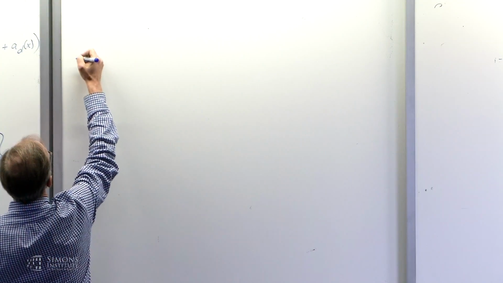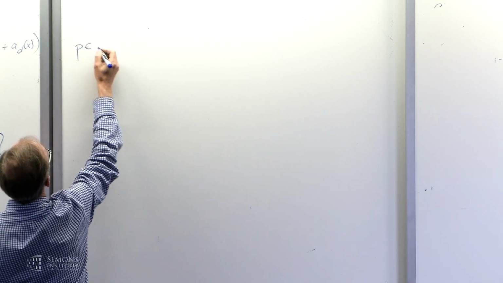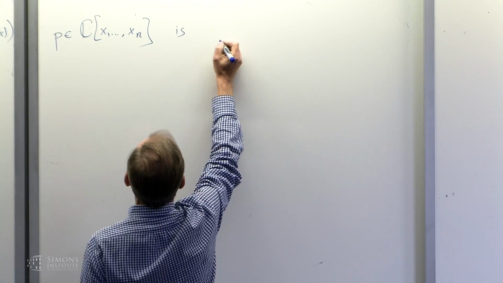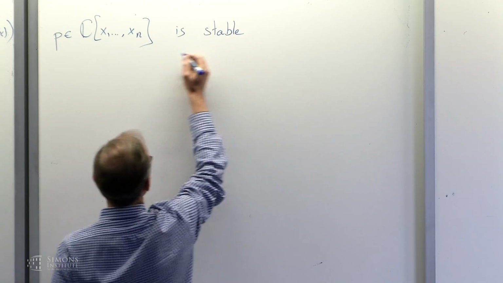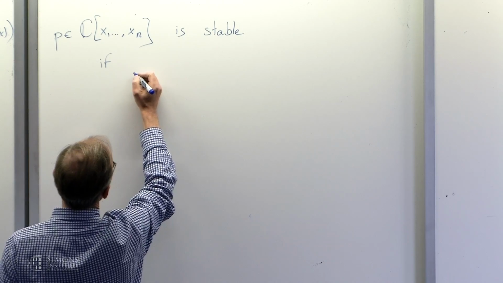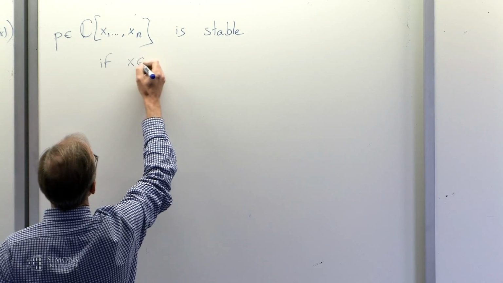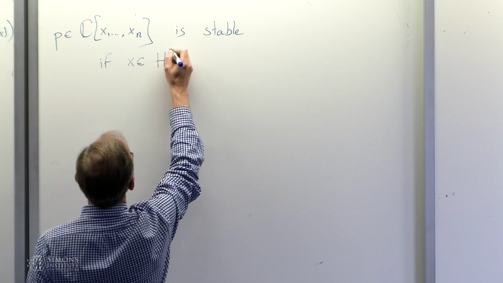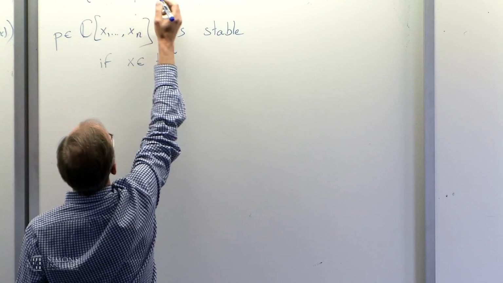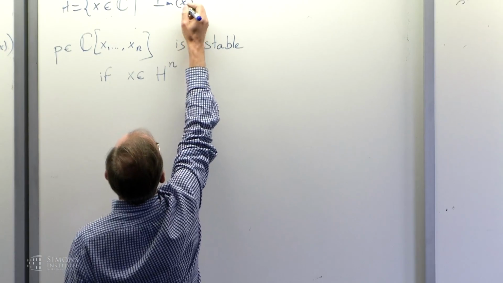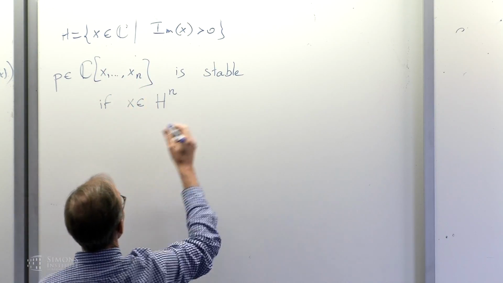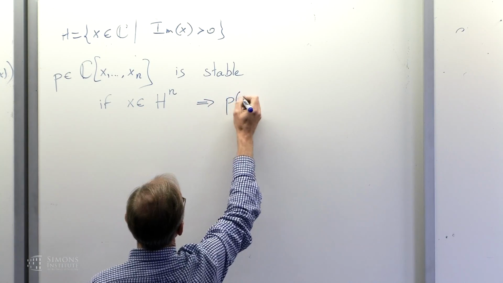So remember the notion of stability. If I take a polynomial, let's say over the complex numbers, we say that it's stable if, for x in H^n, where H is the set of x in C such that the imaginary part of x is positive, that is, if I have an x which is in the upper half plane, then p of x is non-zero.